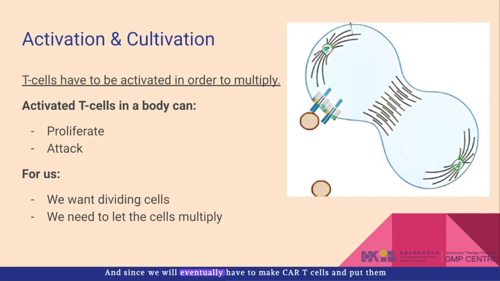And since we will eventually have to make CAR T cells and put them back into the patient's body, we'll need enough of these T cells to turn into CAR T cells. And so activated T cells will be able to multiply and let us get a sufficient amount of these T cells. We also want dividing cells because dividing cells make transduction easier. Now you may wonder, what is transduction? Well, transduction is the step where we actually turn the T cells into CAR T cells.